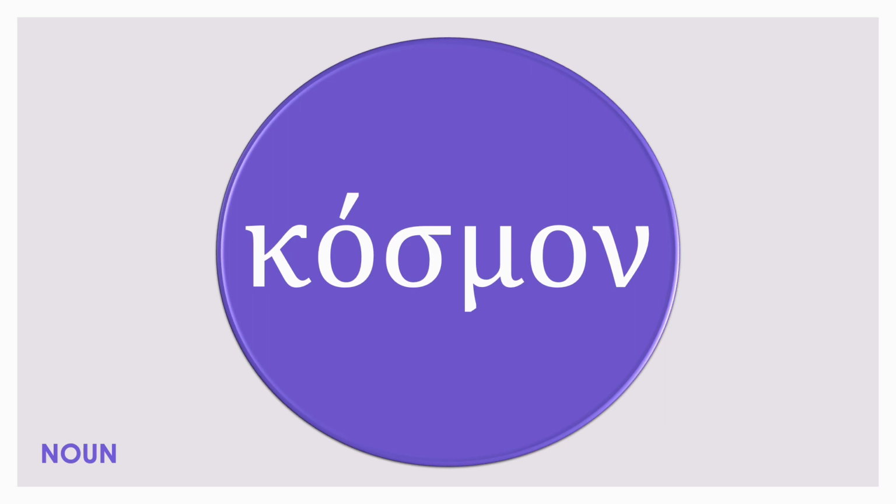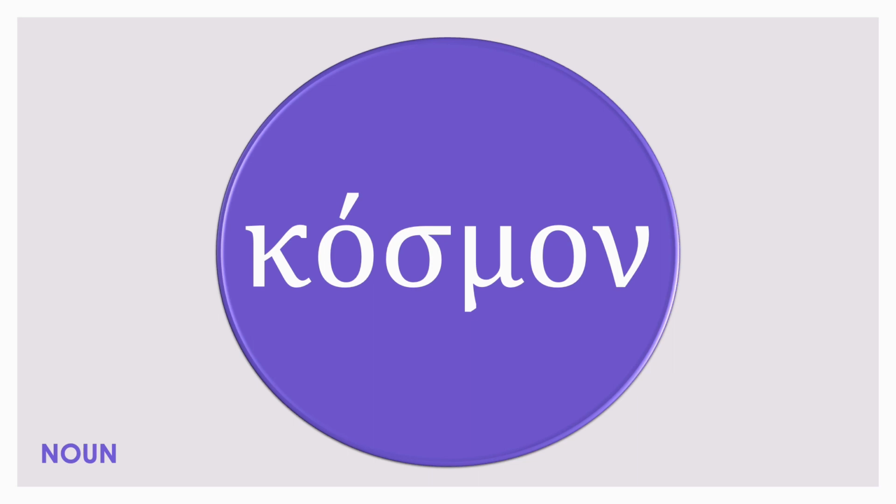Cosmon here is an accusative because that's how it appears in the first chapter of John. If it was in the nominative, it would be cosmos, but it means world or earth. We get the word cosmos or cosmology from this word.